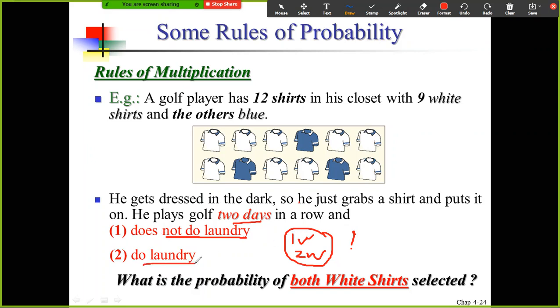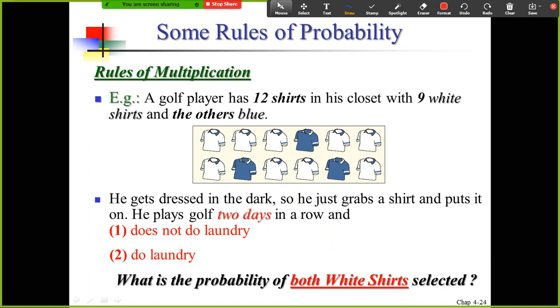For the second condition, laundering. What does it mean? After finishing playing the first day, he does not take this one for washing, so next day he will get a new one. But with laundering, after playing the first day, he takes the shirt to wash and puts it into the closet. Next day, tomorrow, he goes to the closet and takes one randomly again.